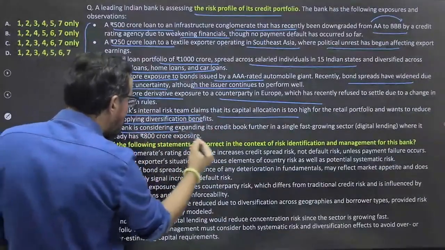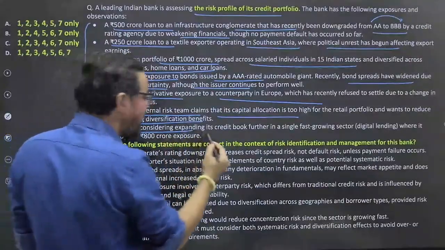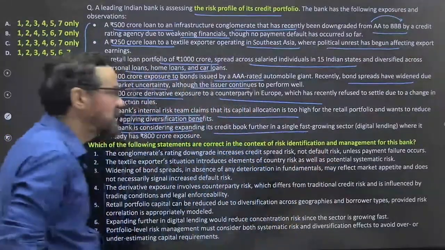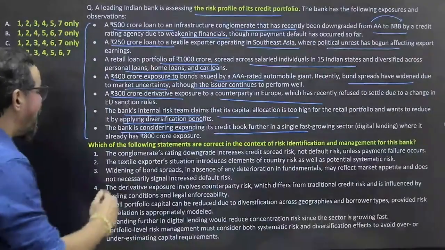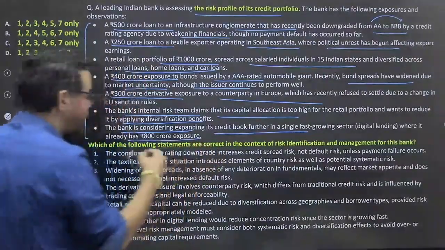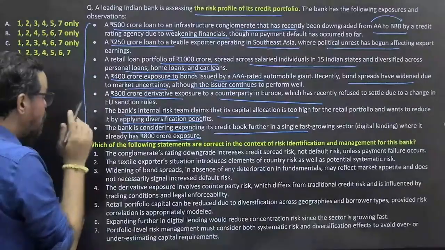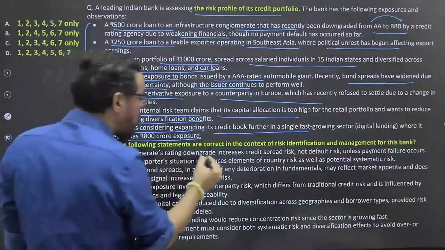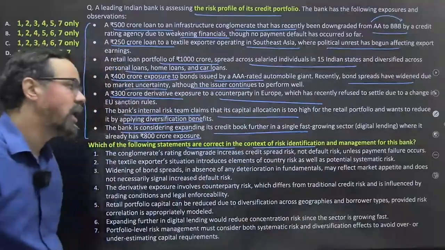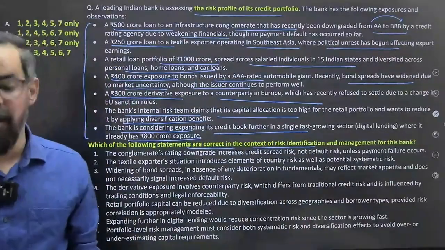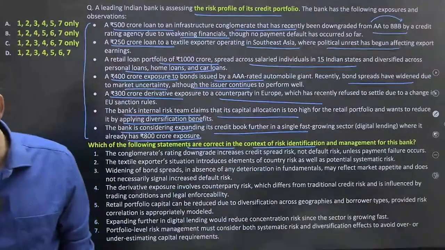The bank is considering expanding its credit book further in a single fast growing sector, digital lending, where it already has 1,800 crore rupees. They want to increase this particular one. So now the question is, which of the following statements are correct in the context of risk identification and management for the bank itself? Now what will be your right answer, guys?